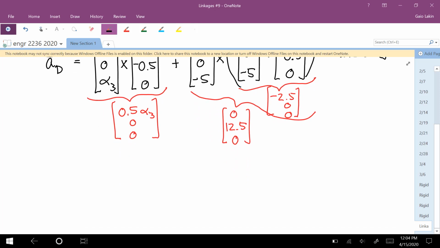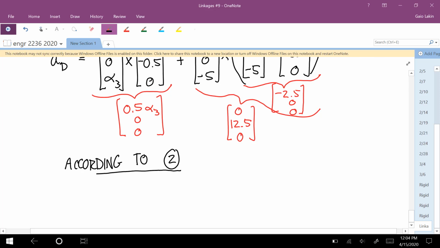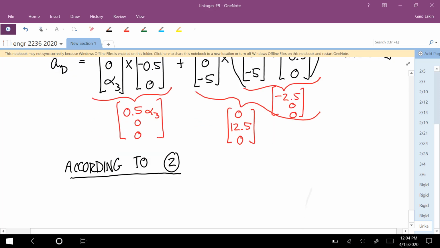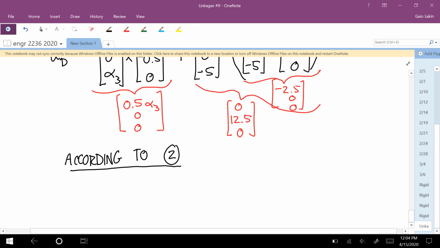And now according to member 2, we have to use relative motion again for this. So it's going to be the acceleration of D relative to the center of mass plus the acceleration of the center of mass.